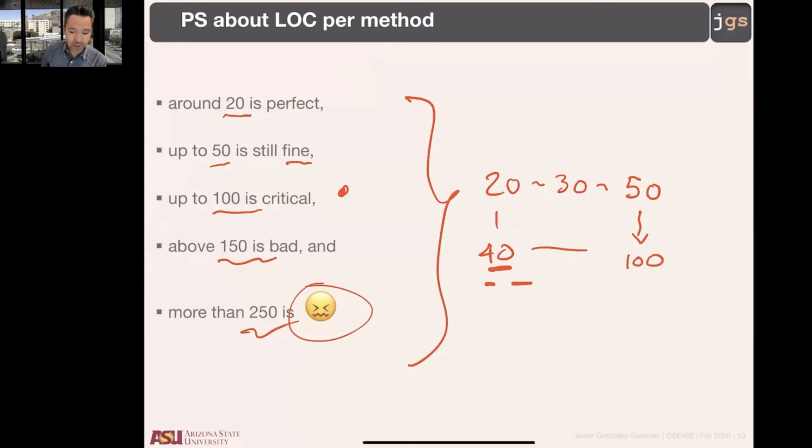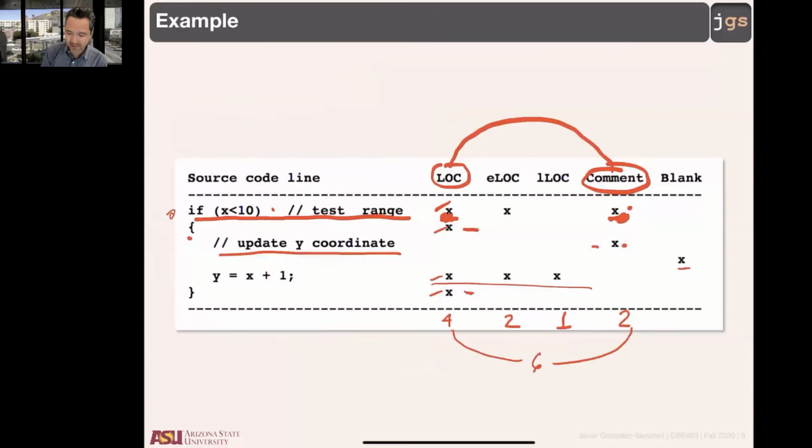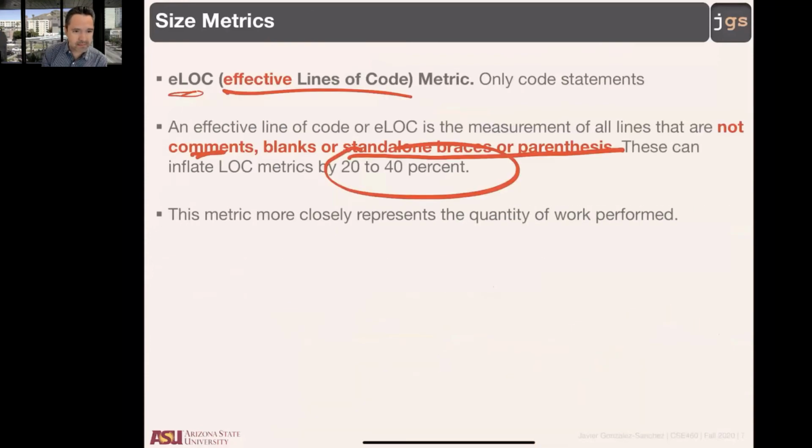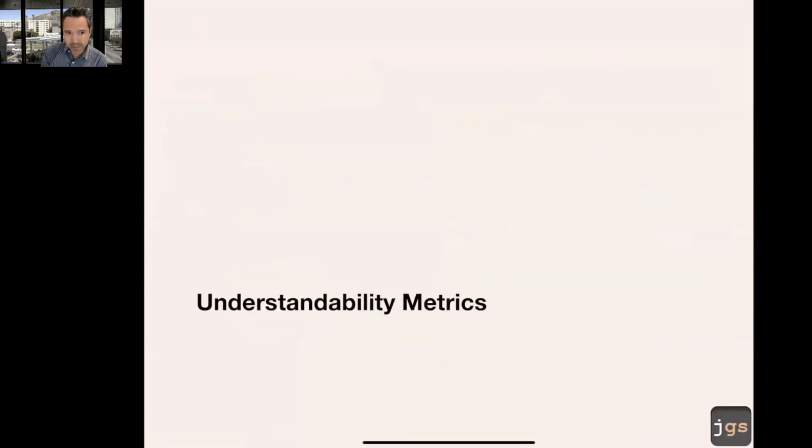This is about lines of code. I am talking about lines of code, not effective, not logic, lines in general. This is 3 and this is 2 for the limit. So that's it. So this is regarding the size.